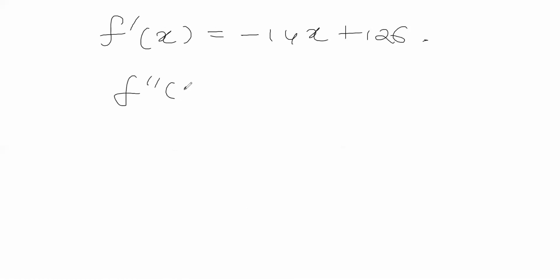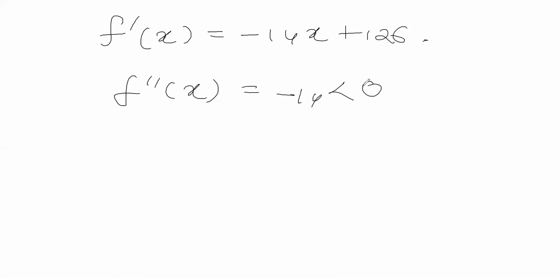If you remember, the first order derivative f prime of x is equal to minus 14x plus 126. Now if we take the second order derivative, we will get negative 14, which is less than 0.